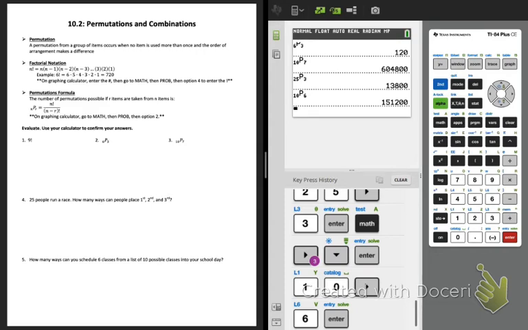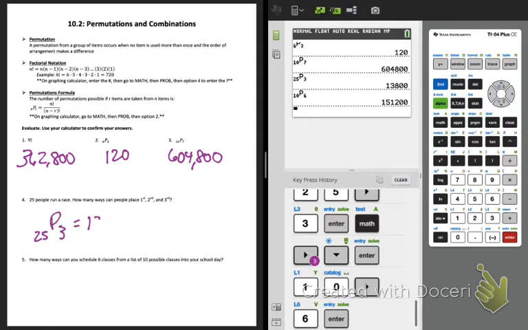So I'm going to quickly write out here, again, all of our different answers so you can feel free to jot this down. But that's, again, how we use permutation notation, how we use our calculator to figure out all of these different things.